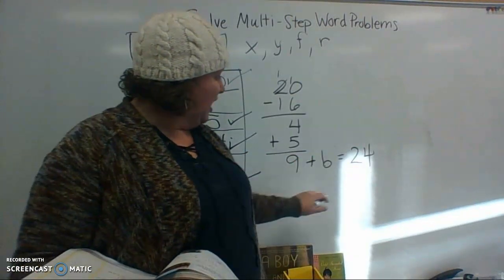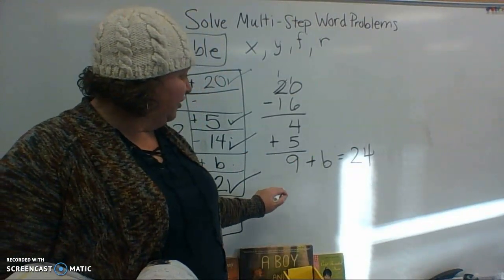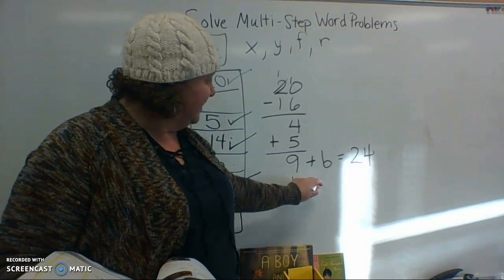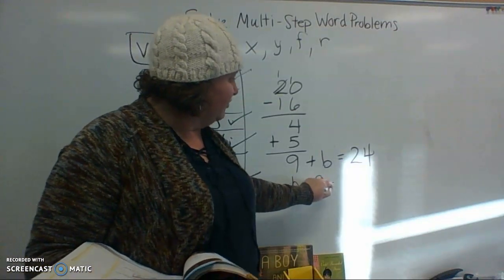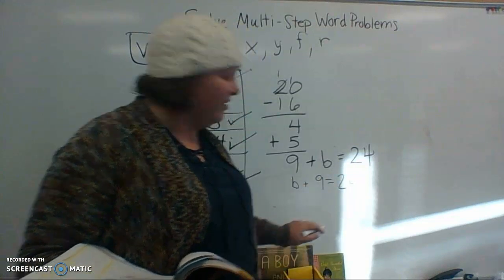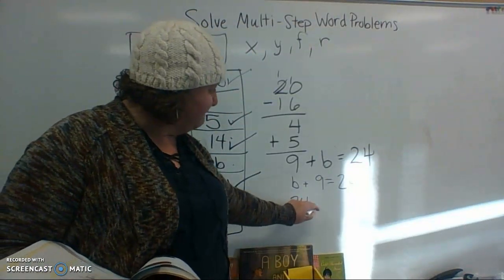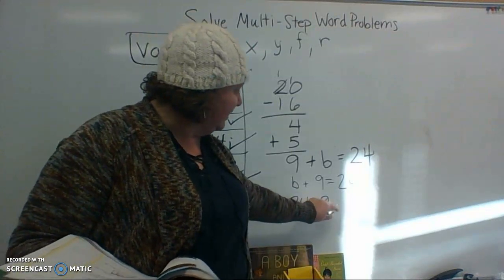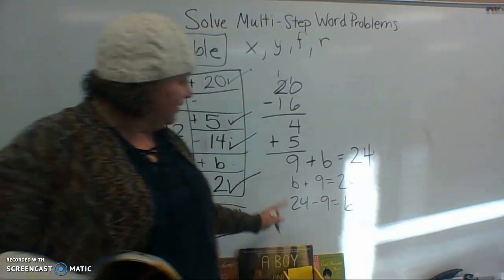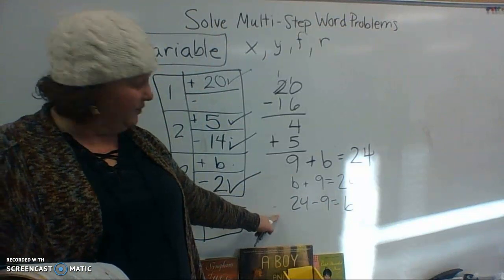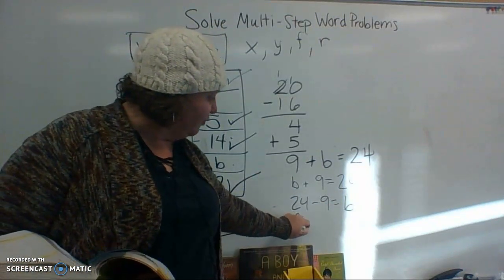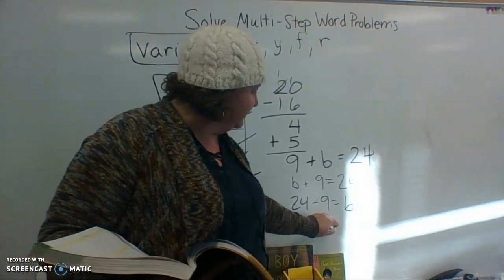So with our fact families, we could have B plus 9 equals 24, but we could also have 24 minus 9 equals B. Okay, if we go back to our fact families, also we could have 24 minus B equals 9.